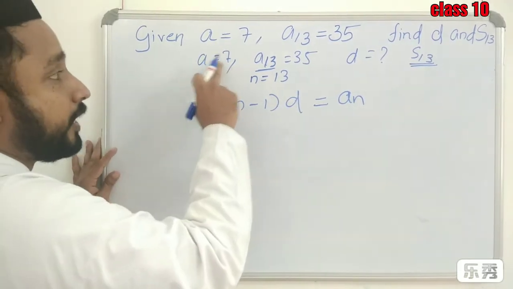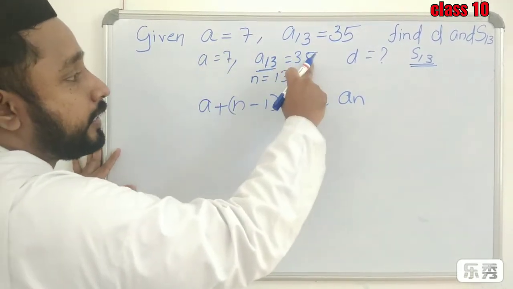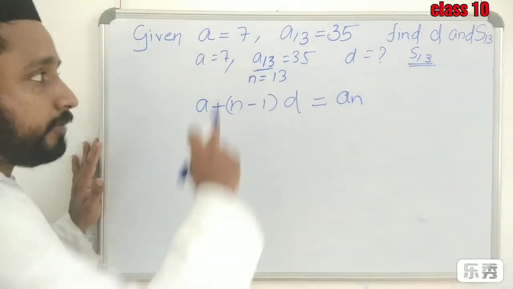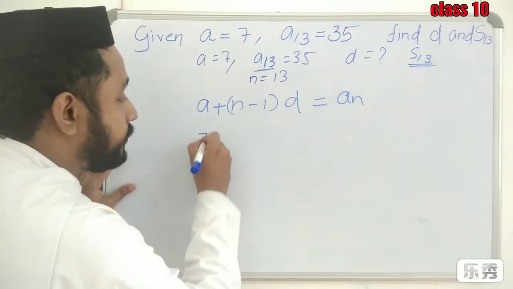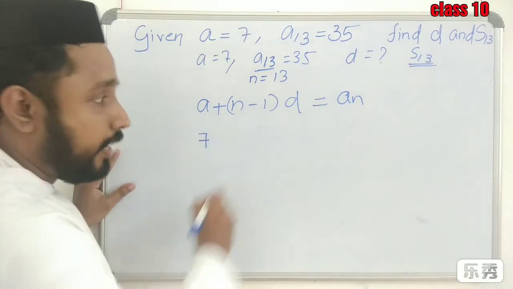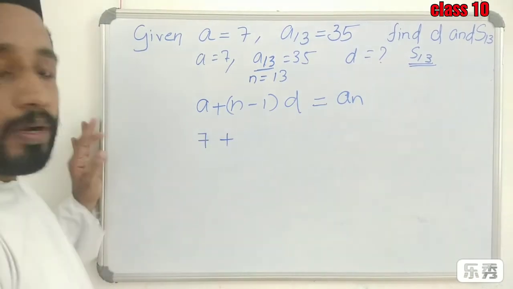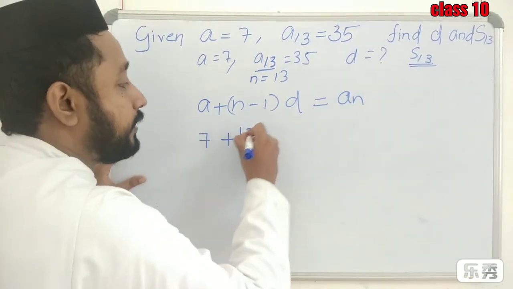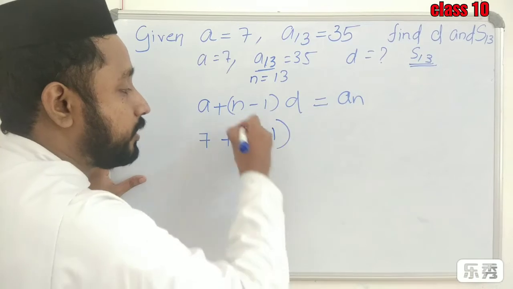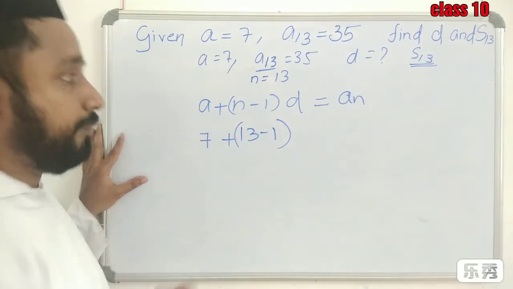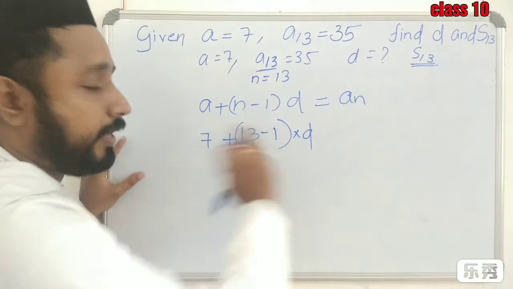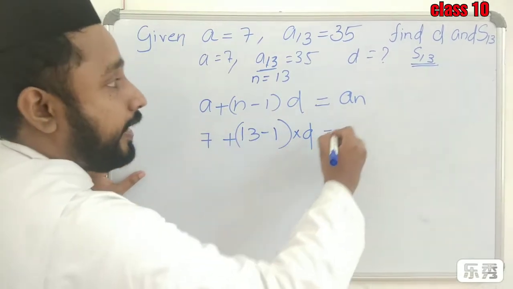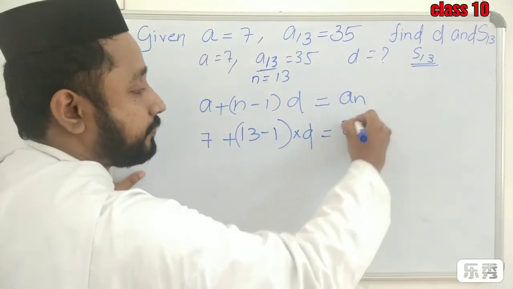So we have a = 7, a13 = 35 and n = 13. Substitute these values in the equation. Instead of a write 7, plus (n - 1) where n is 13, so 13 - 1, into d. We don't know d, we have to find d, which is equal to an. an is 35.